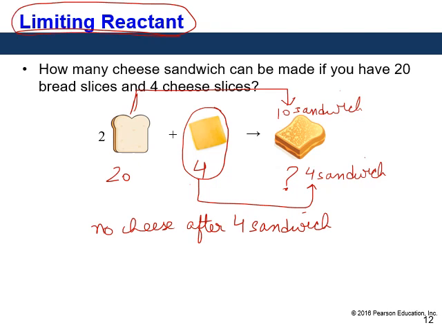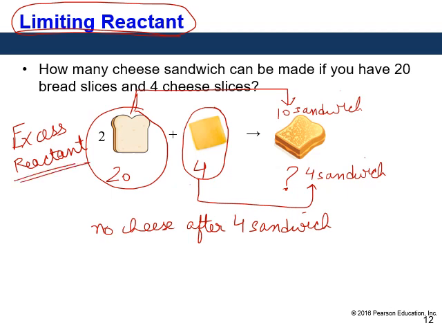This is the reactant that finishes faster. The reactant that is present in extra amount, which would be left over, is called the excess reactant. For the 4 sandwiches you made, you would use 8 slices of bread, and the remaining 12 slices will be excess reactant left behind.